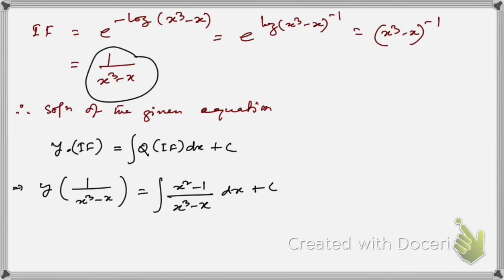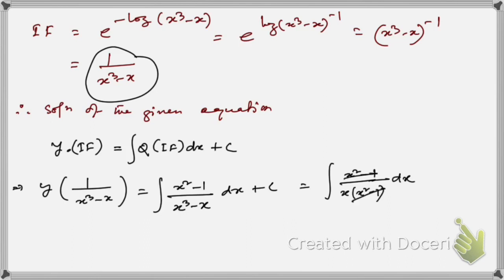So now you see, if you take x common from here, then what are you going to get? Sorry, I made a mistake here, x cube minus x. So taking x common, we get x times x square minus 1, right? So hope you have understood.